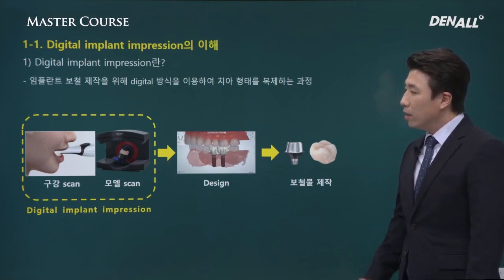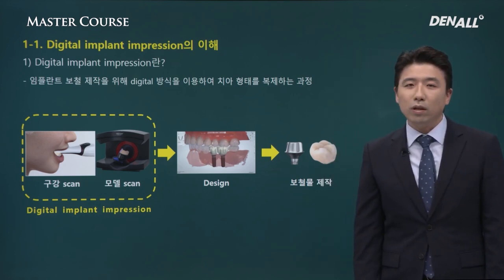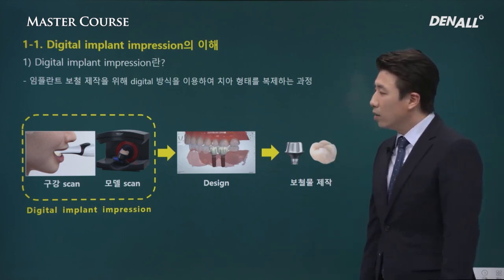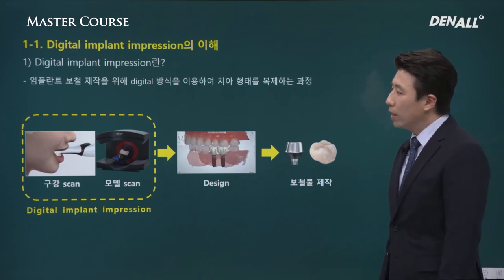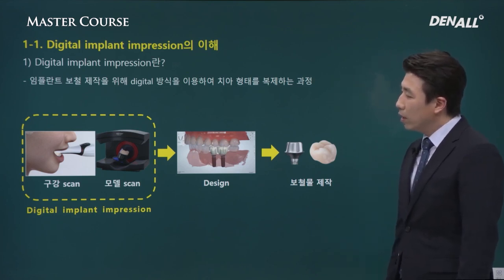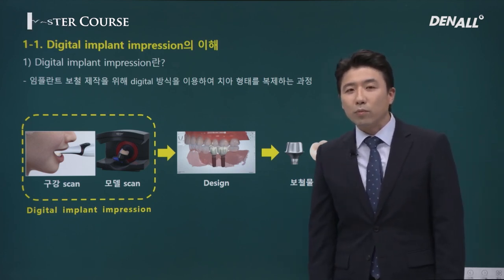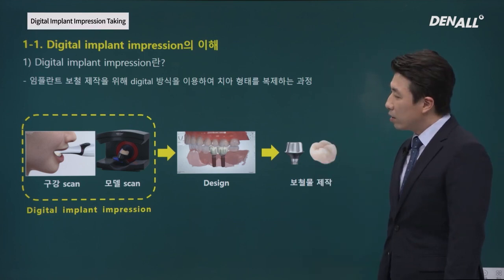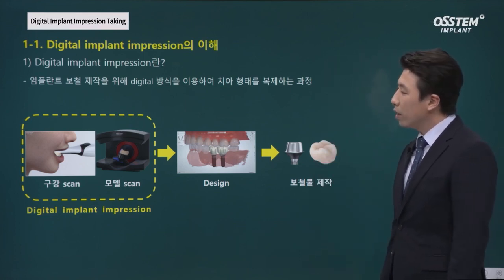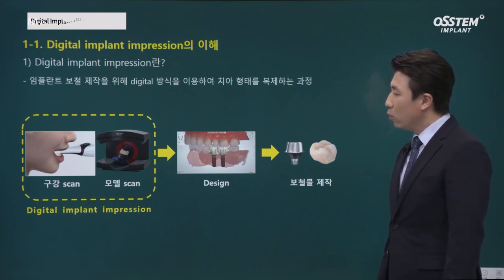Using oral scan data means that we are scanning the oral cavity directly, so it doesn't go through the traditional impression taking. Therefore, we use the expression direct digitalization. For model scan, traditional impression taking is used, and the gypsum model from it is converted into digital data using a model scanner.